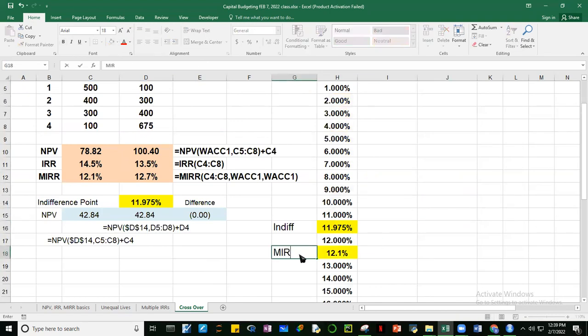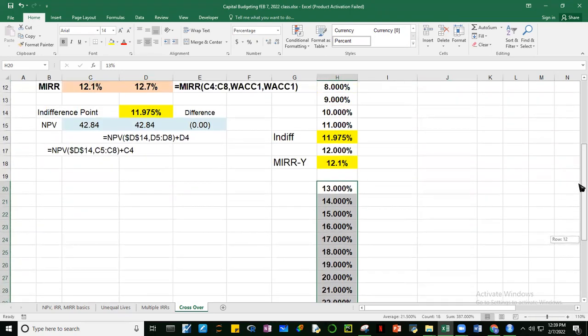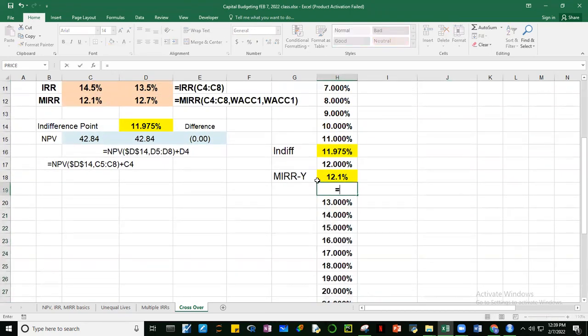This is the MIRR ni Y. And then 12.7, dito din pala. So this is the MIRR of Z. Lalagyan ko lang ng labels.